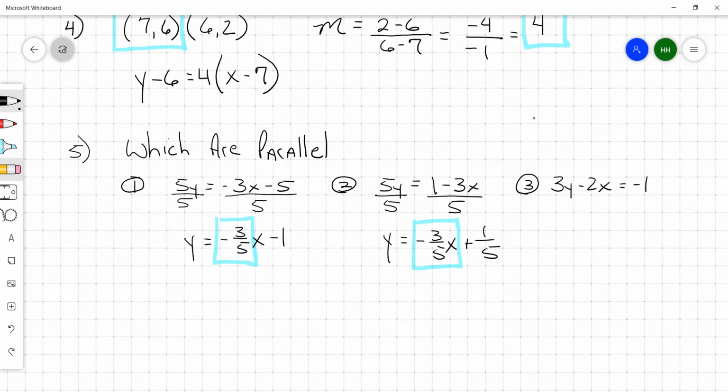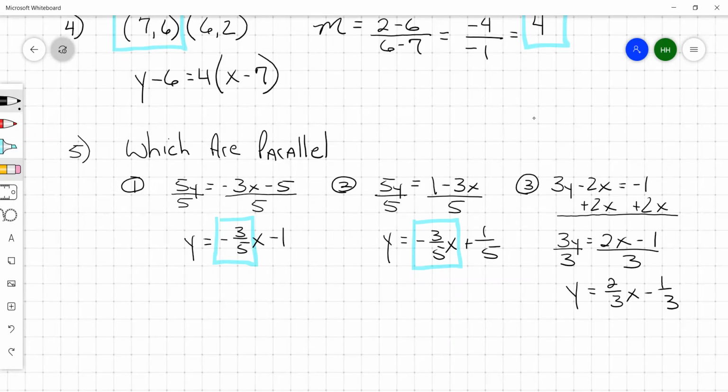In this third equation, we got 2 moves to make. We got to add 2x to each side. So 3y is going to equal 2x minus 1. And then we're going to divide everything by 3. So y equals 2/3 x minus 1/3. And here's your slope. So which are parallel? The 2 with the same slope. So 1 and 2 are parallel.